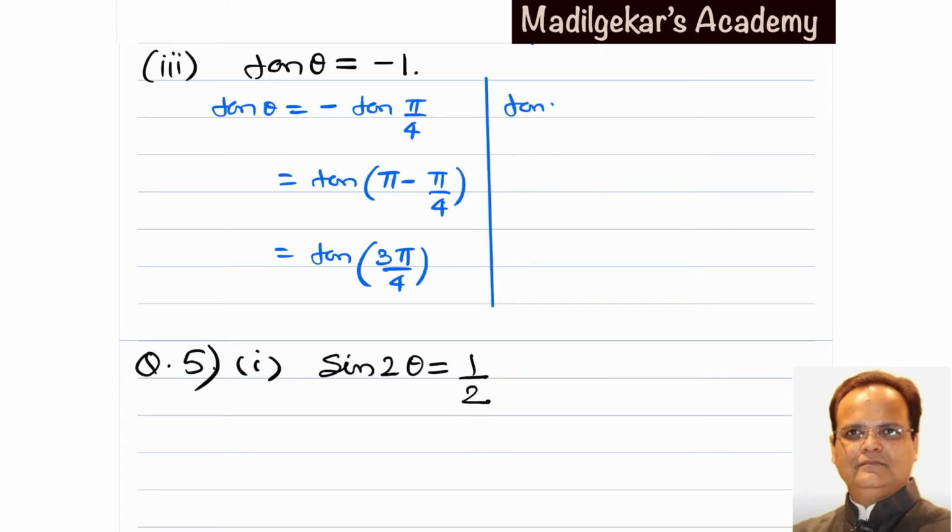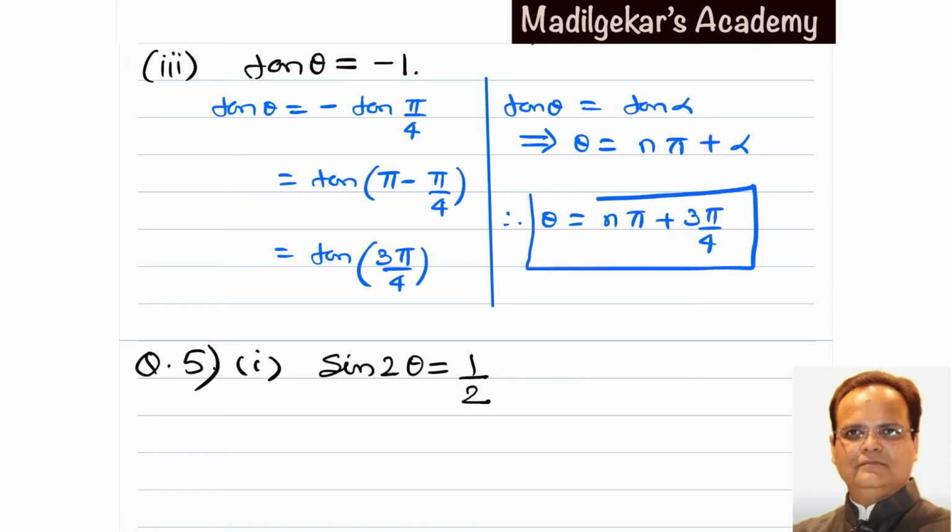Recall, tan theta equals tan alpha implies theta equals n pi plus alpha. So our general solution is theta equals n pi plus 3 pi by 4. So this is the required general solution.